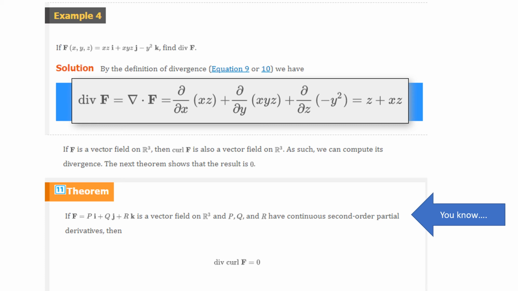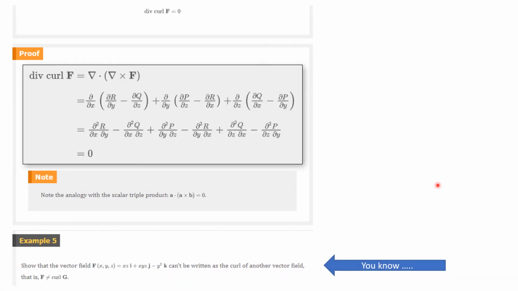Let's see how you did. So you go through and you compute these derivatives, and whenever you're computing these, because we have sufficient continuity and differentiability conditions on R and Q and P, these things all cancel out, and this is 0. So remember that the divergence of the curl is equal to 0.